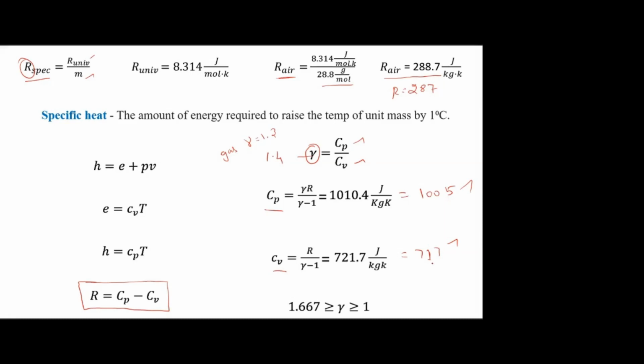Cp is 1005, Cv is 717, and these are all the remaining basic equations. This is the enthalpy equation: enthalpy is equal to internal energy plus work done, pressure times mass specific volume. And E is equal to CvT, internal energy, and enthalpy is equal to CpT. These formulas also you studied.